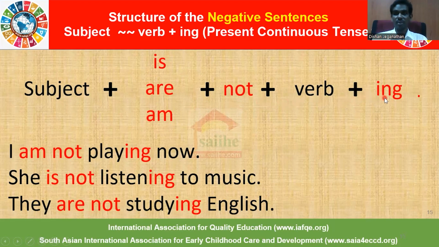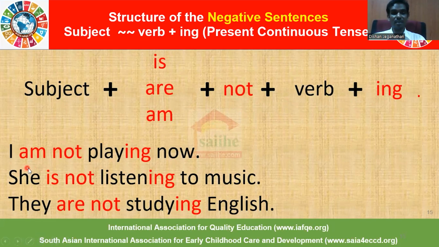The difference between the positive and negative sentence structure is that we use not in negative, and it comes after am or is or are. We could contract it using isn't for is not and aren't for are not.